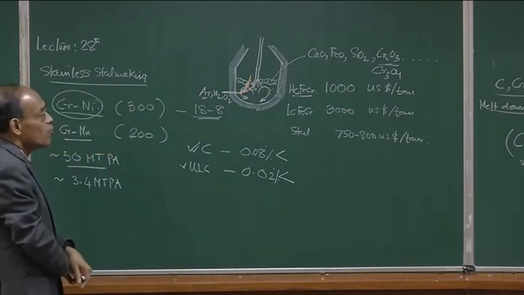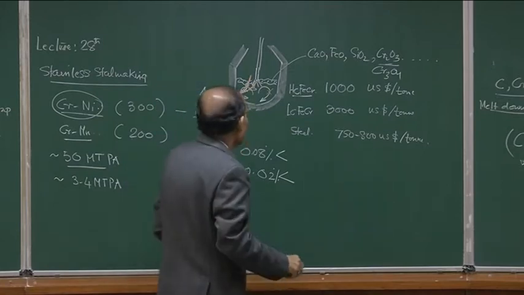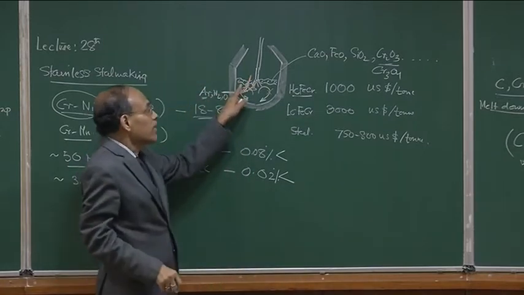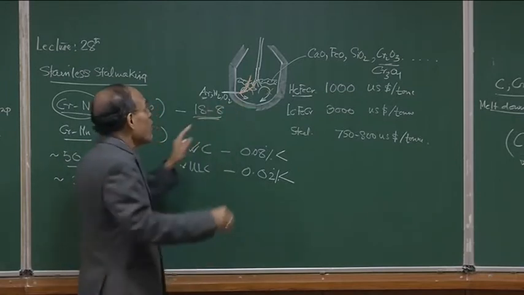Then, for better economics, you will like to win back the material. So, now the slag is an oxidizing slag as of now, okay, as you are doing it in the argon oxygen decarburization AOD converter. Okay.